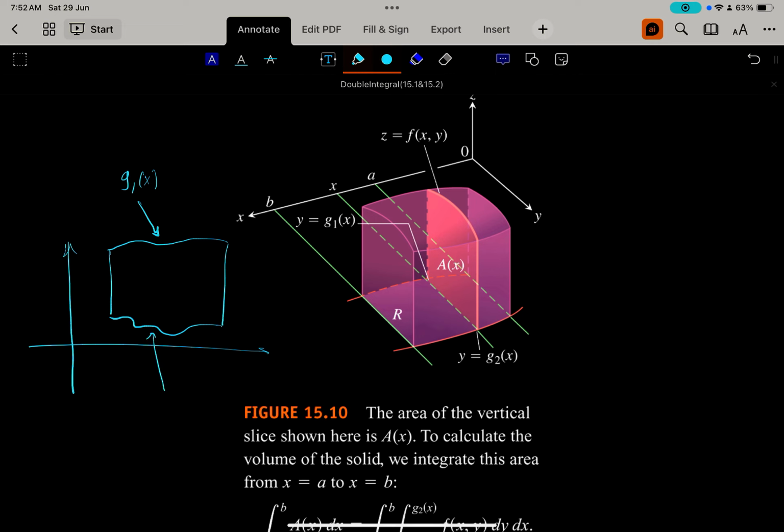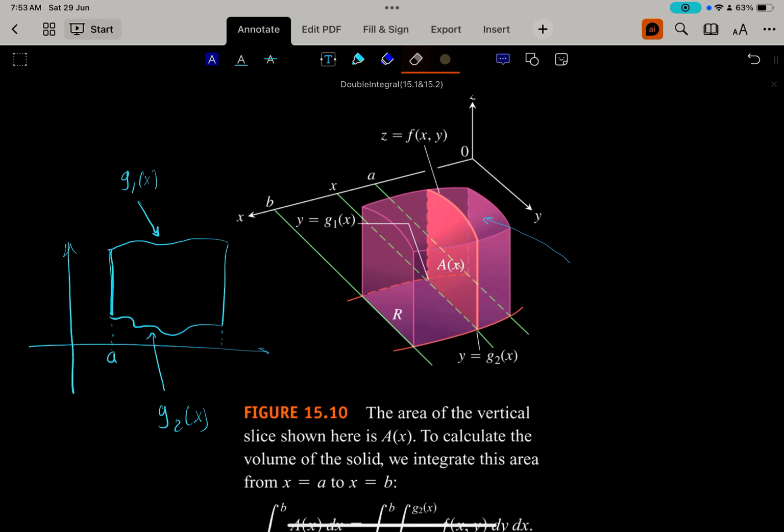This is a different function, g2 of x. And these are just some values, a and b. Now we have this region and we want to find the volume under a surface over this region.